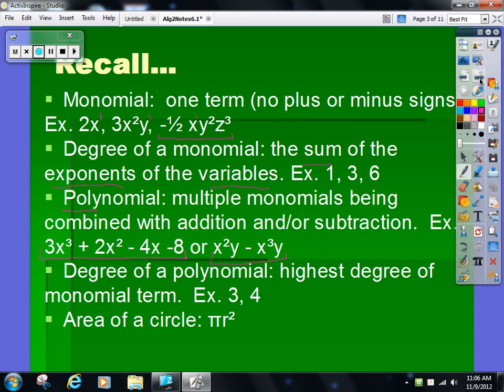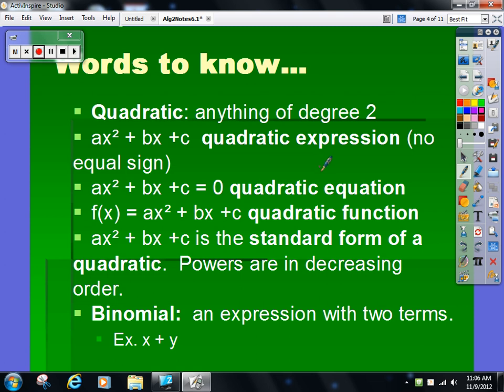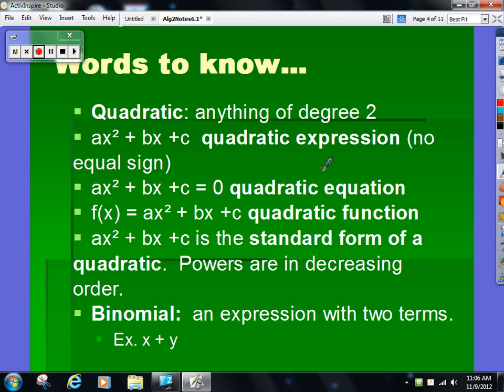Okay, moving right along. Words to know. These might be new, but you should have seen them in algebra. A quadratic is anything with degree 2. So here are some examples of the way that might look. Ax squared plus bx plus c. This is a quadratic expression. It's an expression because there's no equal sign. We just saw that on the last test.